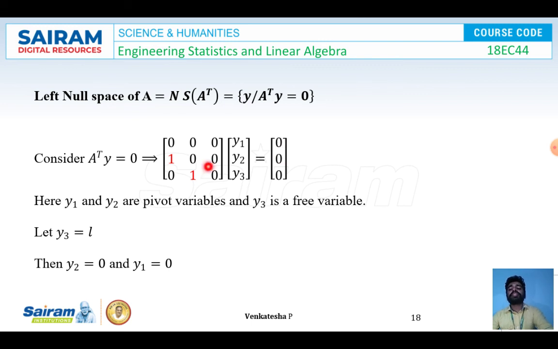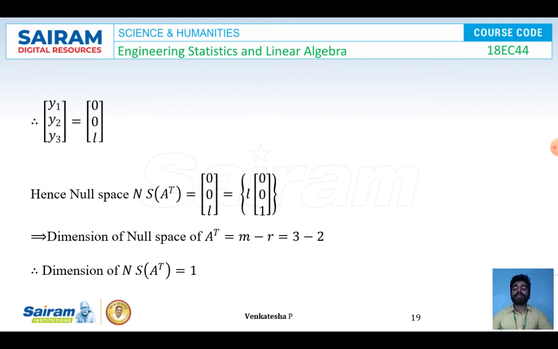After multiplying, I get Y1 and Y2 equal to 0. These are called pivot variables, and Y3 is a free variable here. So I'll assume Y3 is equal to L, and Y2 is equal to 0, Y1 is equal to 0. I get the left null space as [Y1, Y2, Y3] equal to [0, 0, L]. So the null space of A transpose is [0, 0, L].